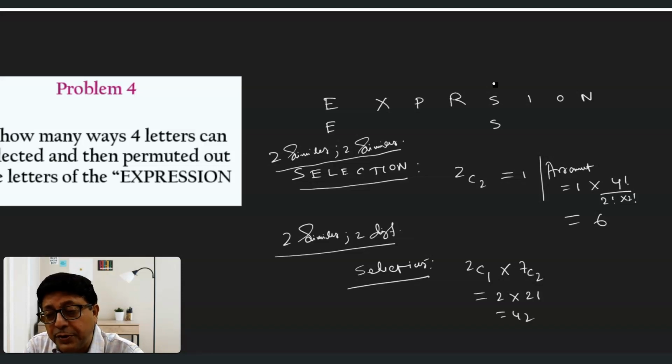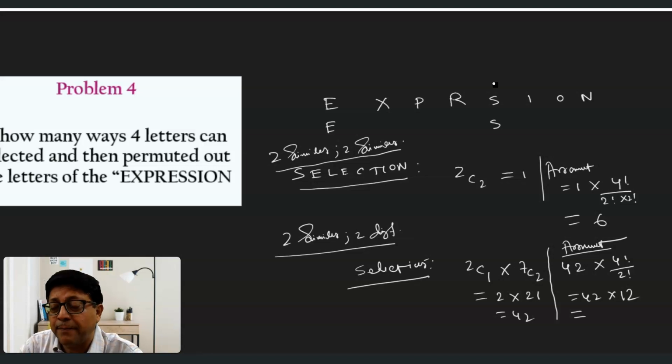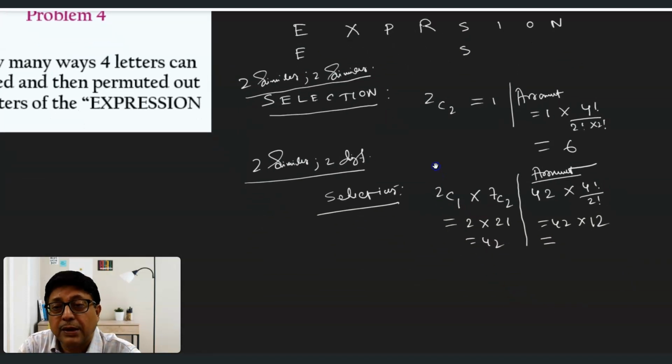So it is 42. And their arrangement is going to be this 42 multiplied by 4 factorial by 2 factorial, because 2 are repeated over there, so it will be 42 into 12. Okay? This if you multiply, it will be 420 and 84. So it is going to be 504.